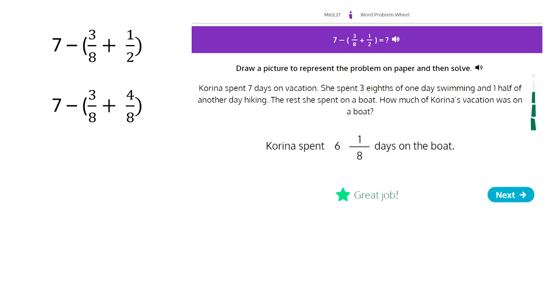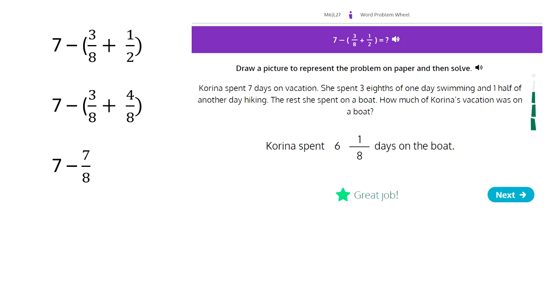You could also say, what would I have to multiply 2 by as the denominator to make 8? 2 times what equals 8? Well, that would be 4. So whatever you do to the denominator, you also must do to the numerator. So 1 times 4 is 4. There's 4/8. Next, we add 3/8 and 4/8 to get 7/8.